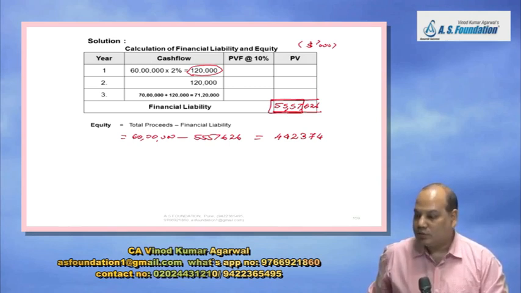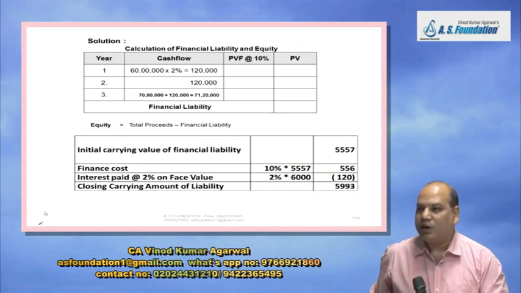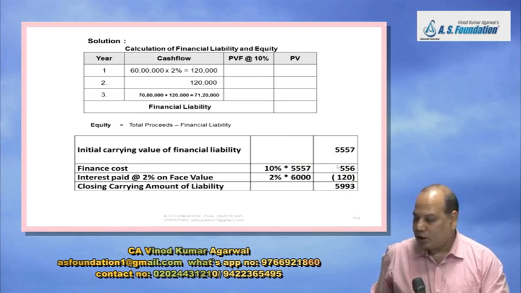Answer is not over. Student will think my answer is over. You have only answered the beginning value. End value you have to find out. So how will you reach the end value? You can prepare a simple ledger account, I will suggest. Opening balance, to that you add the interest, 10% of opening balance.